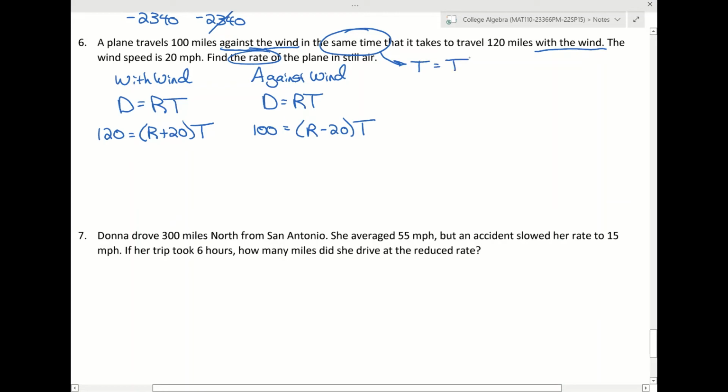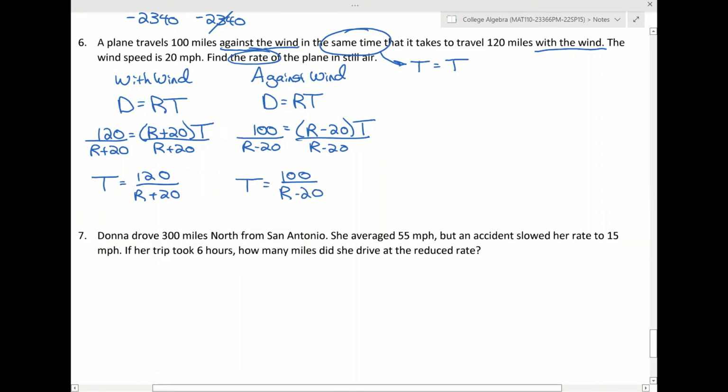Let's solve for time for each of these equations. The first one, if we divide by r plus 20, t is equal to 120 over r plus 20. That's with the wind. Against the wind, that time is equal to 100 over r minus 20.